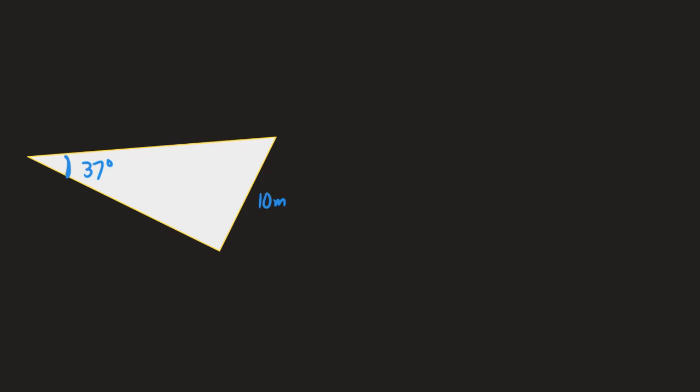I'm going to start by identifying the right angle and the angle of interest. The right angle's here, and my angle of interest was given to me. It's 37 degrees. That makes this the opposite side, this the hypotenuse, and this the adjacent side. So step 2, label your sides. Step 3, write out sine, cosine, and tangent.